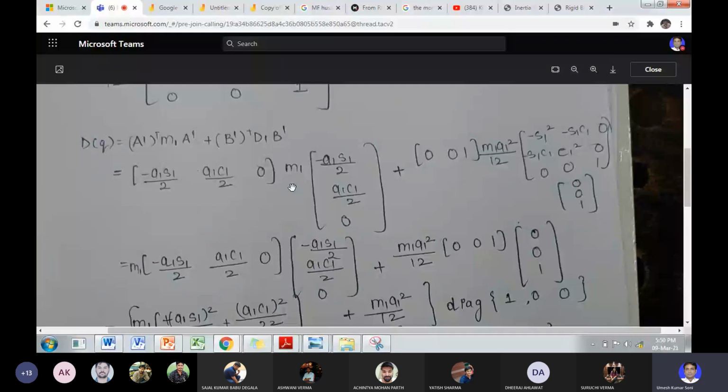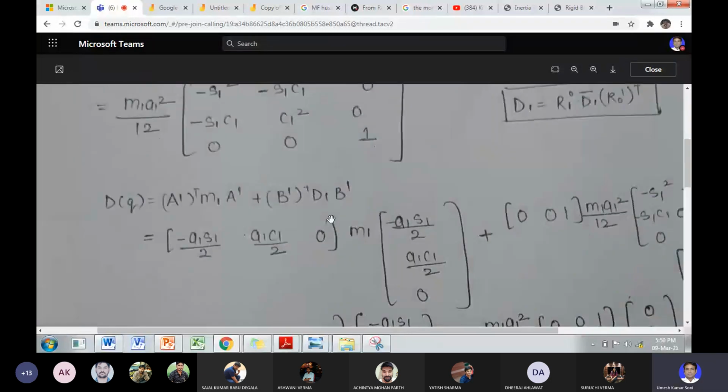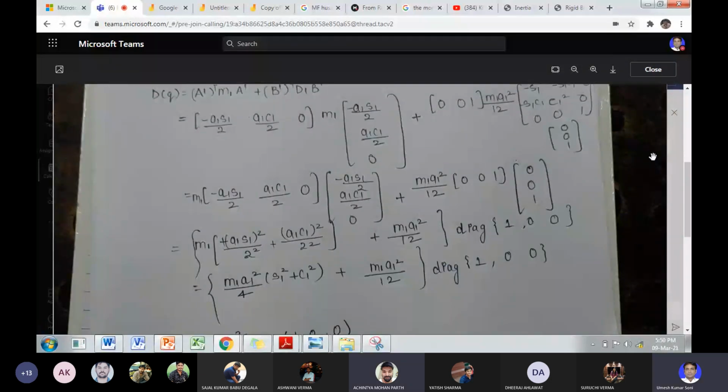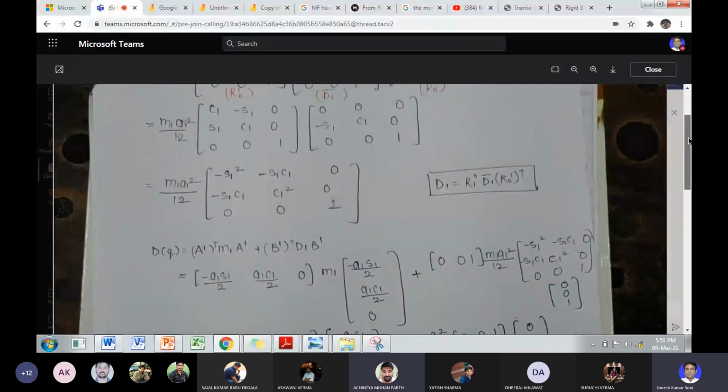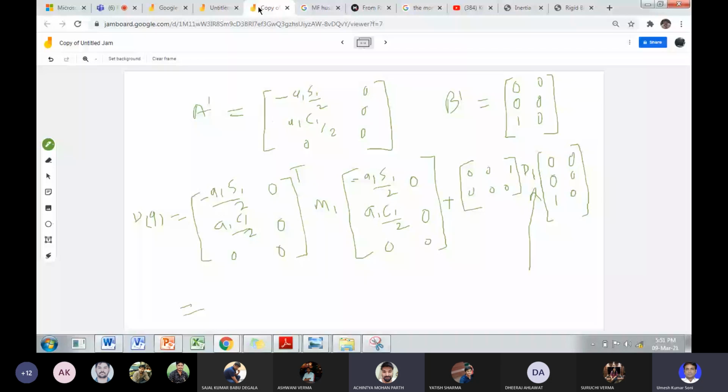In this matrix, Suruchi, there will be a double row, A1 transpose. Yes, it will comprise a double row here and double column here. Sir, okay. A1 transpose into A1, how much is it coming, sir? J1 transpose into A1, sir, is coming as A1 square divided by 4 and 3, 0.